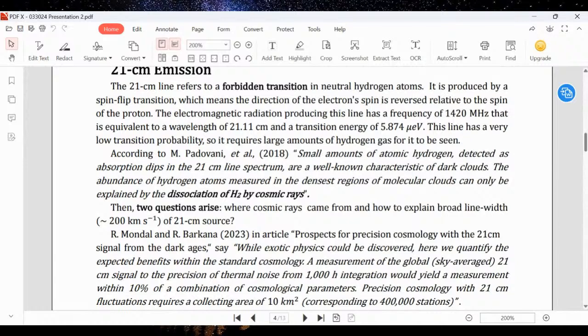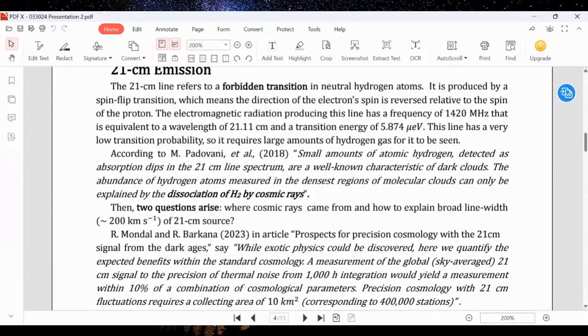The electromagnetic radiation producing this line has a frequency of 1420 megahertz, equivalent to a wavelength of 21.11 centimeters and a transition energy of 5.874 microelectron volts. This line has a very low transition probability, so it requires large amounts of hydrogen gas for it to be seen.